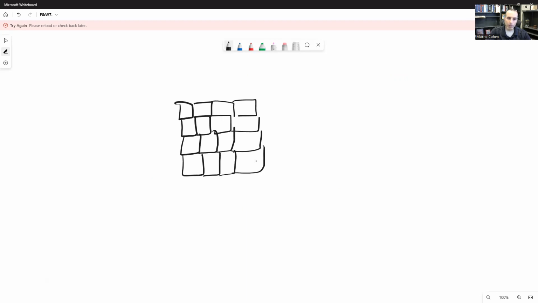And I'm going to label these points as D14. This is D13, D12, and D11. I'm going to keep adding this around. And this is D24. Sorry, it's a D right there.